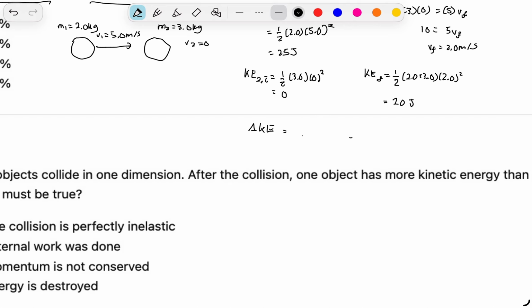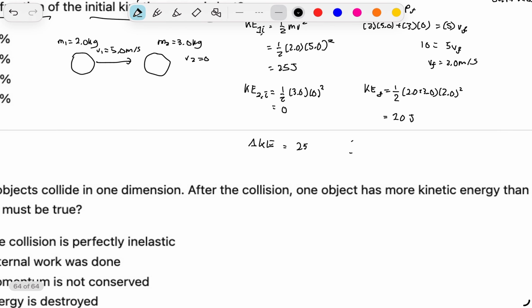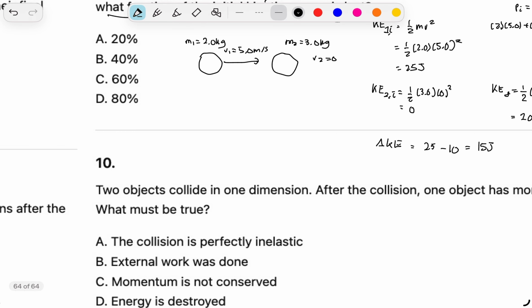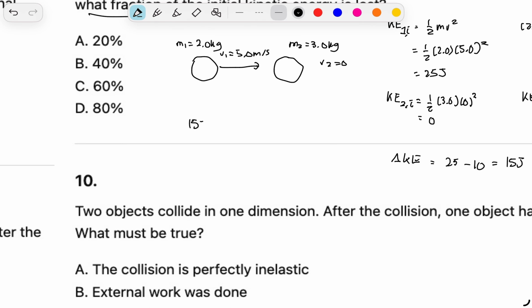No, what am I doing? I mean like 25, which is your initial, minus your final, so that's going to be 15 joules. That is the change. So now we have to find the fraction lost. So 15 joules equals your lost, and then over your initial. So that's going to be 15 joules over 25 joules. Now that's going to be equal to 0.60, and as a percent, that would be 60%. So that's going to be C.